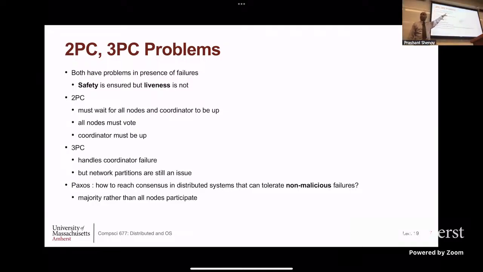Ideally, you want both. You don't want to say that I will give up safety and make progress, or I will not have safety but not make progress. But the problem with 2-phase and 3-phase commit is that they are safe. They're never going to give you incorrect result, but sometimes they'll give you no result at all because they're trying to ensure safety and will not make any progress in the interest of safety.